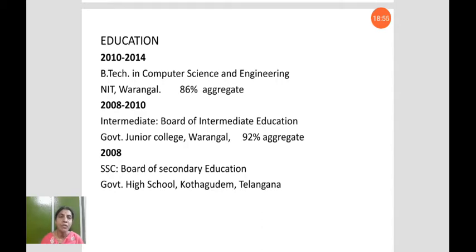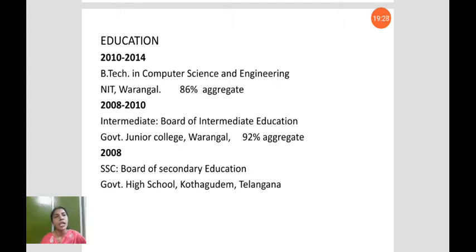In 2008 he passed SSC, Board of Secondary Education, Government High School, Kottagudem, Telangana. This is how you list your educational qualifications. One thing you need to remember is that the last attained degree is written first. You see 2014, after that 2010, then 2008. This is how you write.